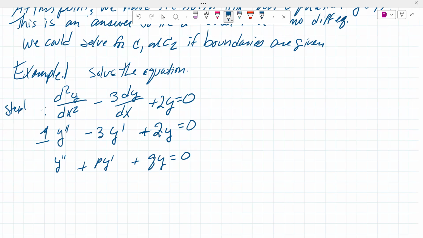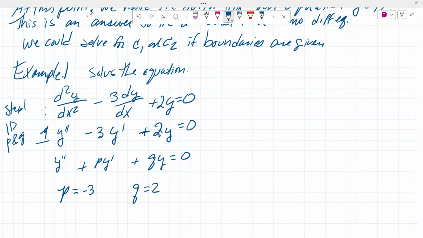Identify P and Q. All right, so we take a look at this and we see that by inspection, P equals -3 and Q equals 2. Great, step 1 is done.